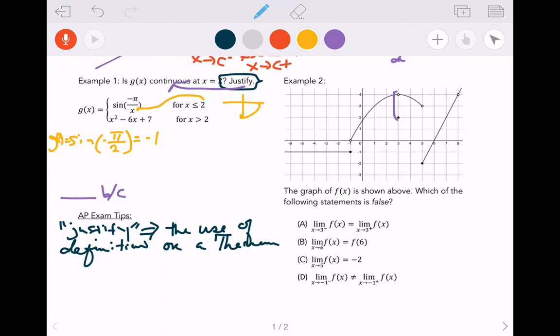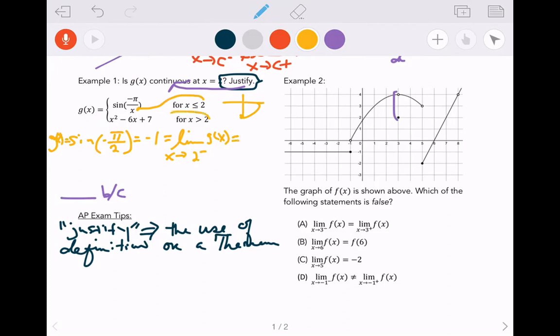Now, I might even want to continue this with an equals, because I don't have any linkage here. This is equal to the limit as x is approaching 2 from the left, because it's still that same function of g of x. Now I'm going to see if it equals the limit as I come in from the right. If the answer is no, I'll stop and write no, and I would put a little slash through that equal sign.